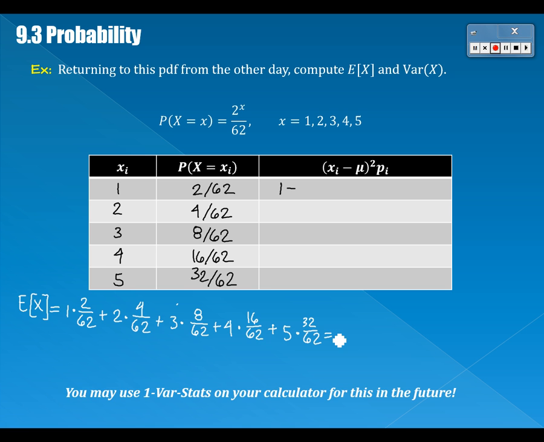Feel free to put this into the calculator if you like, and tell me what you get here.